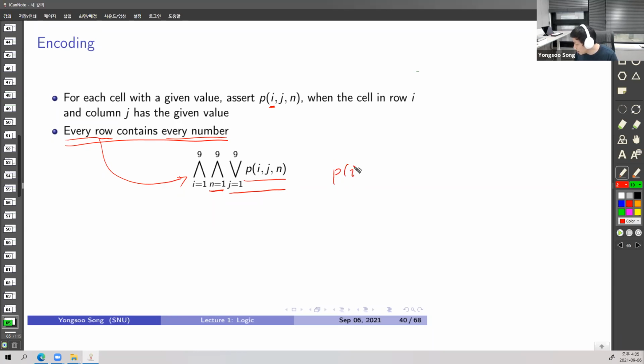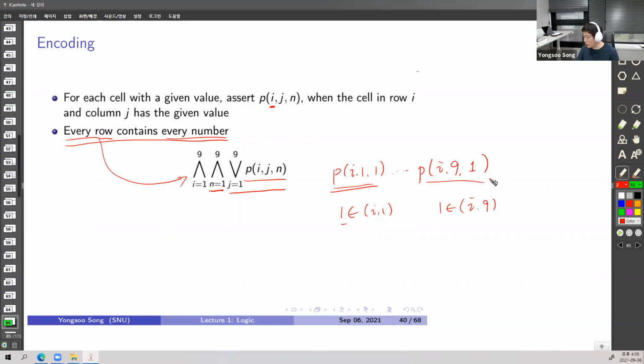So let's say P(I,1,1) up to P(I,9,1). This is true if 1 is contained in cell (I,1), and this is true if number 1 is contained in cell (I,9). Since every row should contain every number, 1 should be contained in one of these 9 cells, meaning that at least one of these propositions should be true.